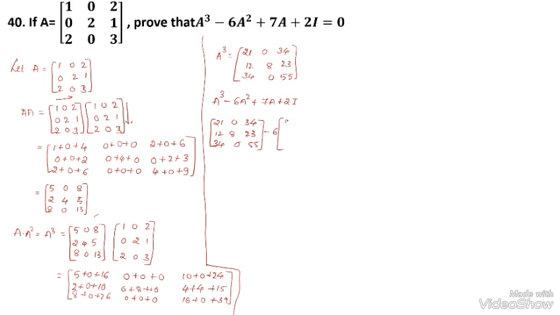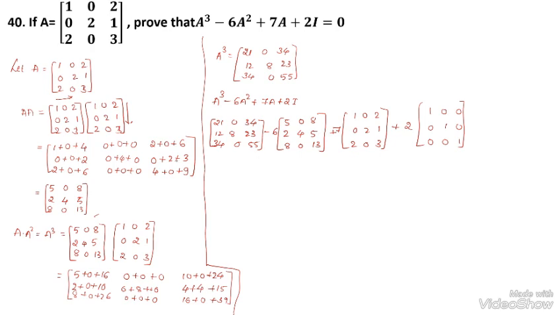Here 5 0 8, 24 5 80 30, plus 7 into a, 1 0 2, 0 2 1 and 2 0 3, plus 2 into identity matrix 1, 0, 0, 0, 1, 0, 0, 0.